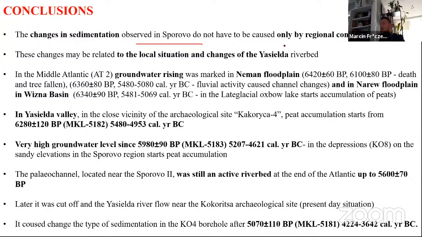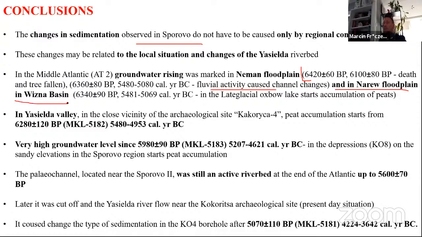Based on the analysis that Tomasz presented in Yemen, and also Piotr presented in the Yemen floodplain, we can say that this phase is very well known. It's shown by the dead and fallen trees and also the fluvial activity and changes of the riverbed. We also know that this phase is well known in the Wisna Basin.